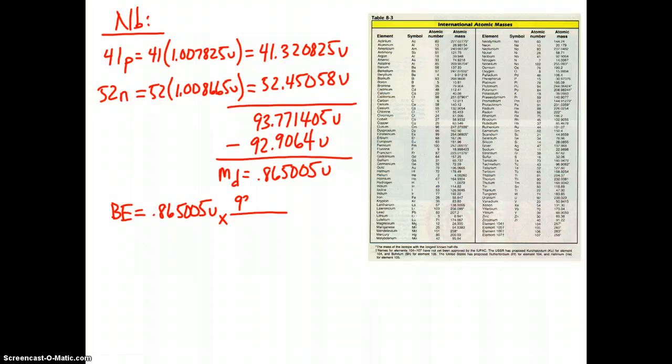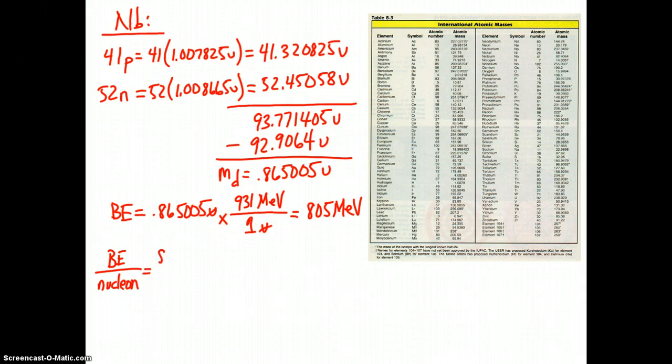And that's at 931 MeV per 1 atomic mass unit. Atomic mass units cancels, and we get a binding energy of 805 mega electron volts.